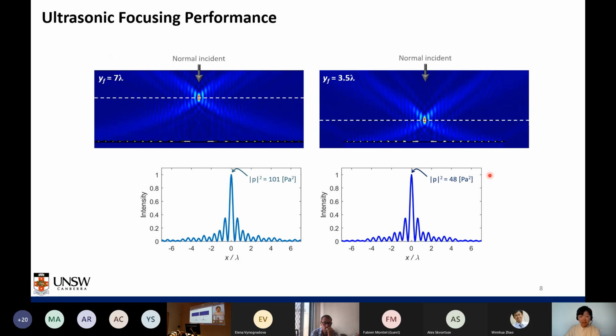We can clearly see that the acoustic energy is effectively converged to a desired focal spot for both cases, and the figures below show the intensity profile extracted from the focal plane, which is indicated by this white dashed line.